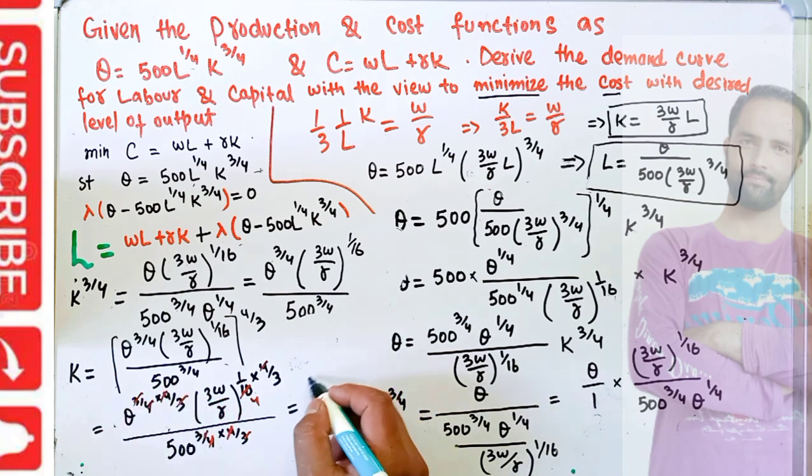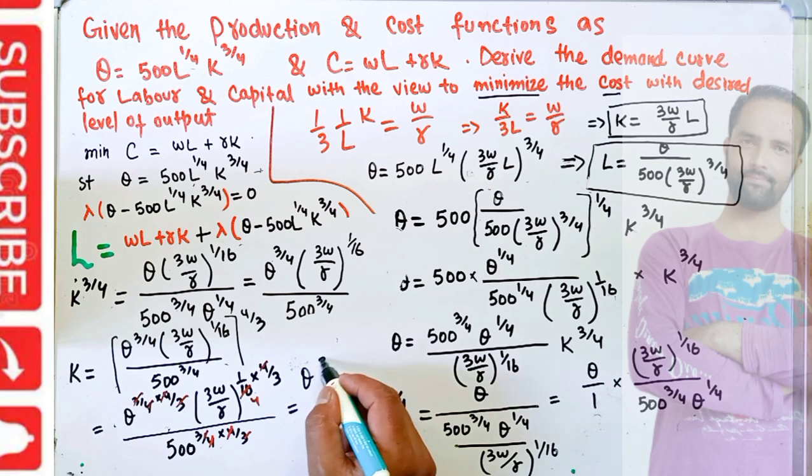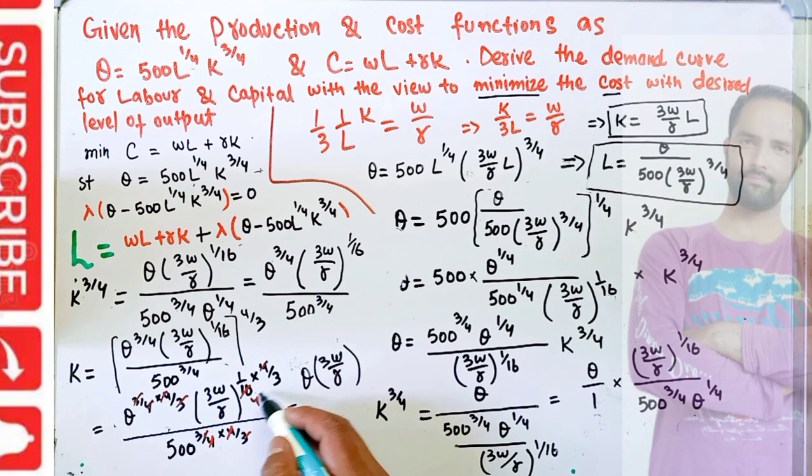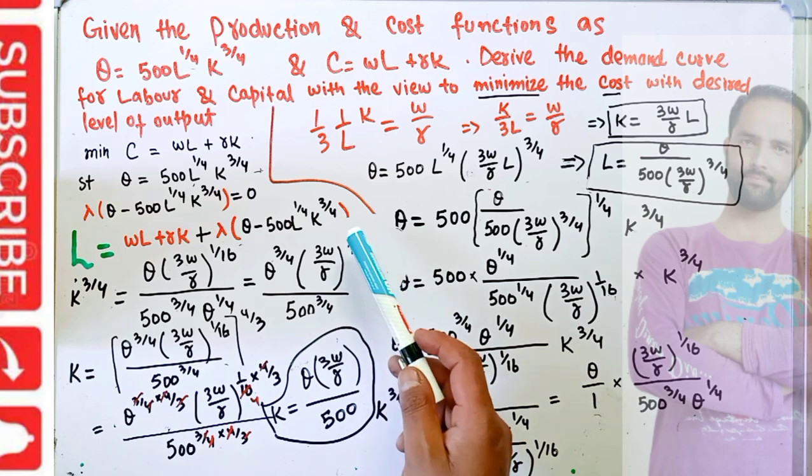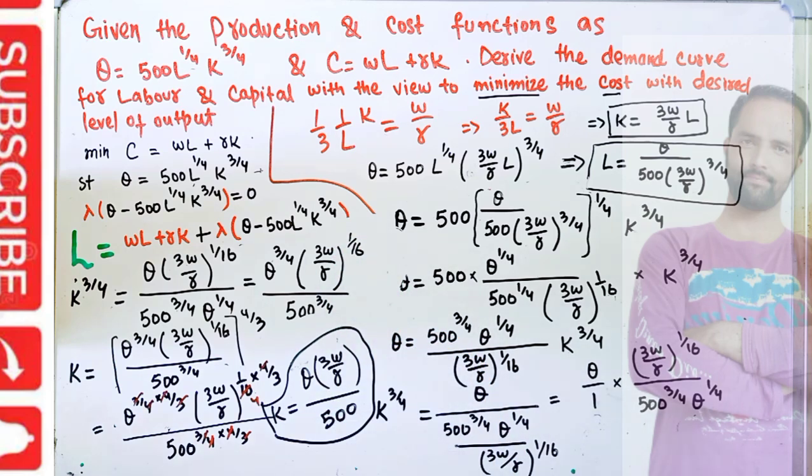So I got here q, (3w upon r) raised to the power, so I got here 1 upon 3. This will be the demand function for capital. Let me see what has happened to this 1 upon 16, whether it was 1 upon 16 or not. I guess I have made some mistake.